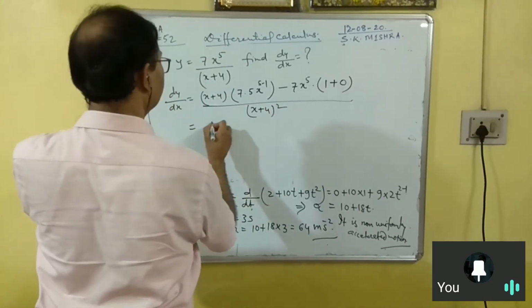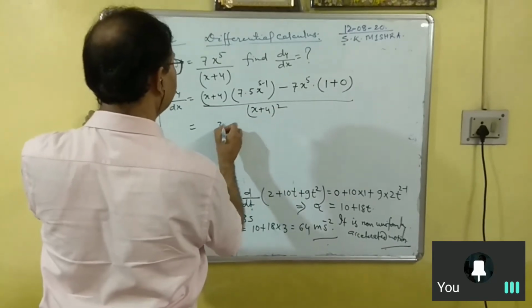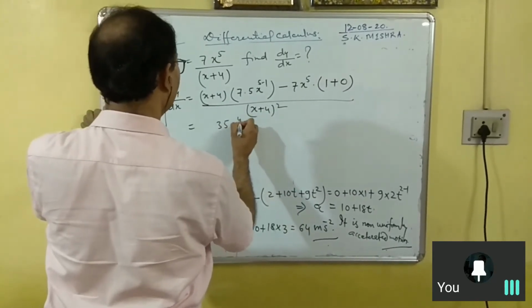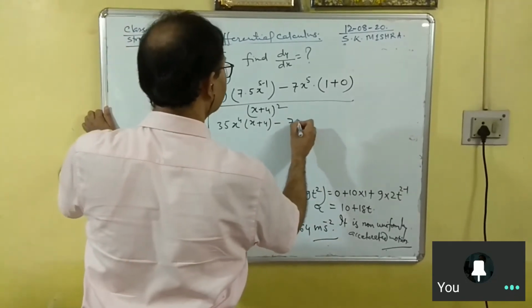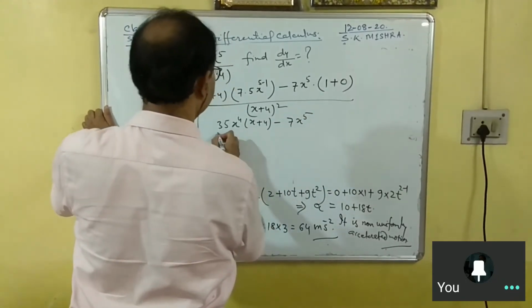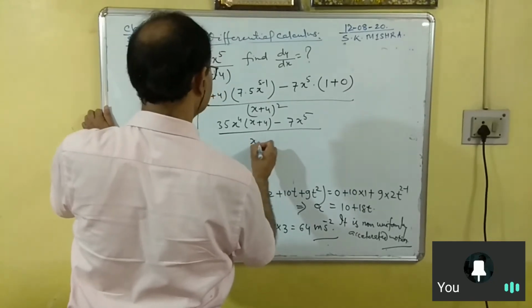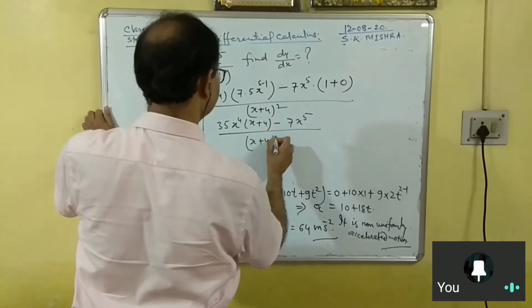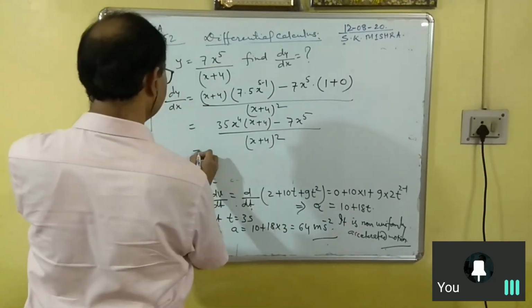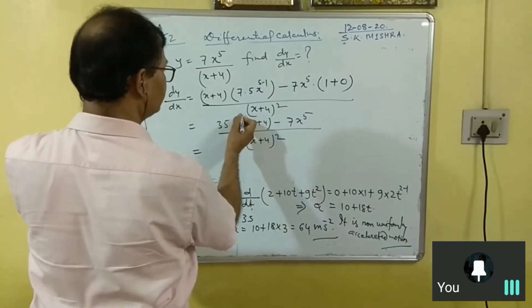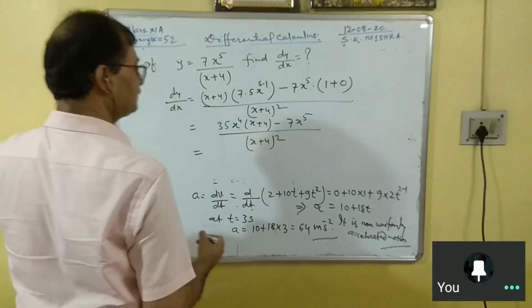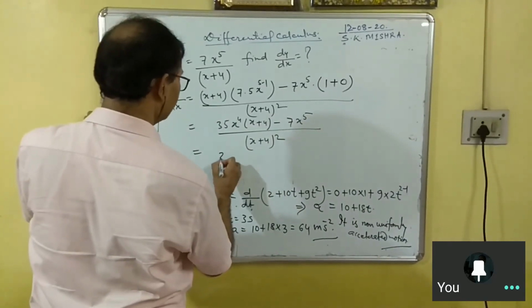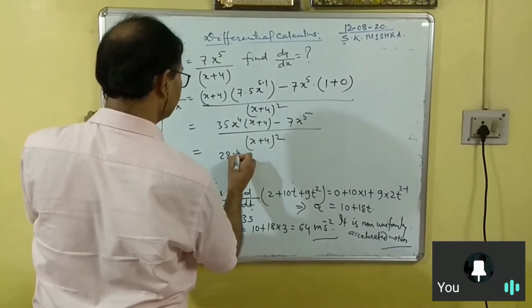So then you are getting 7 fives are 35, x raised to 4 into x plus 4, minus 7x5, divided by x plus 4 whole square. You can just adjust them. 35 x raised to 5 minus 7 x raised to 5, how much is 35 minus 7? 28 x raised to 5.